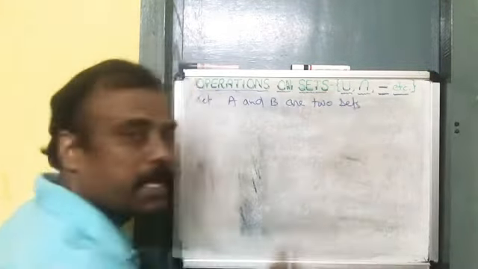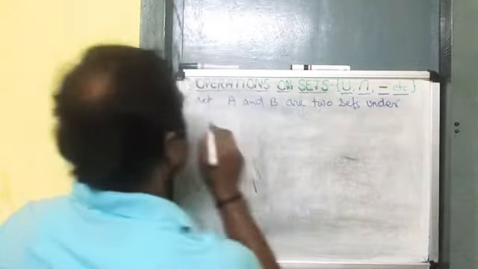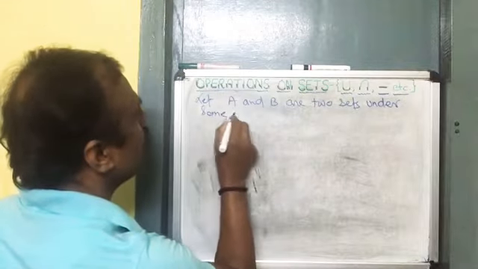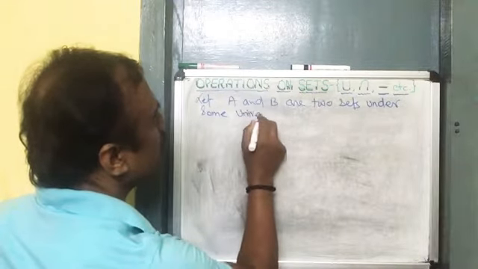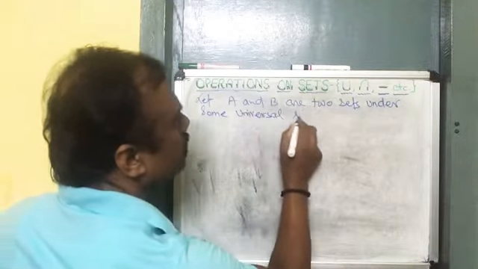A and B can be finite or infinite, under some universal set. As you know what the universal set is, here I am considering universal set U in this format. Let us define first union of sets.